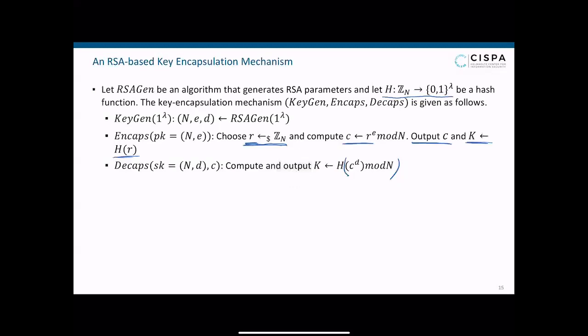Now correctness follows easily, right? It just follows by the correctness of RSA.